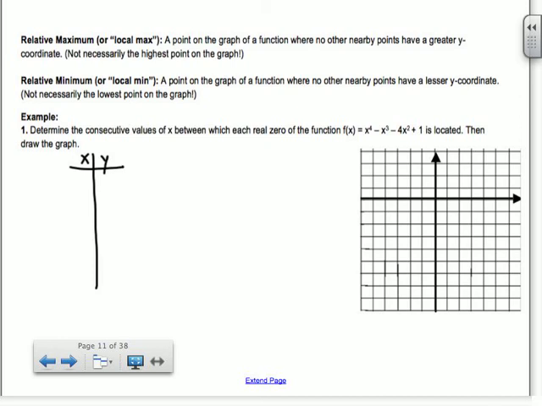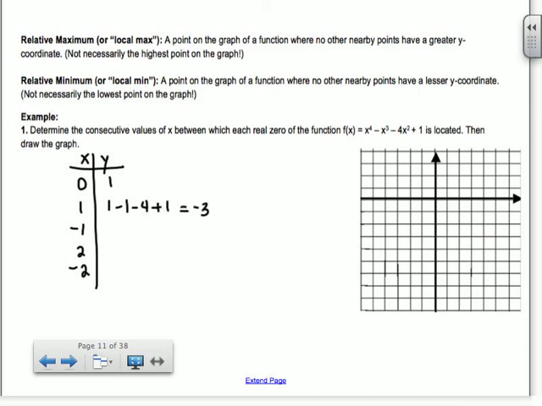And we're going to try different values. So I'm going to have 0. When I plug it in, I get 1. When I plug 1 in, I get 1 to the 4th, so 1 minus 4 plus 1.